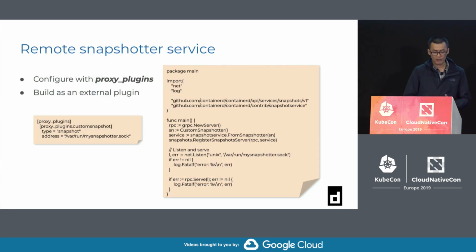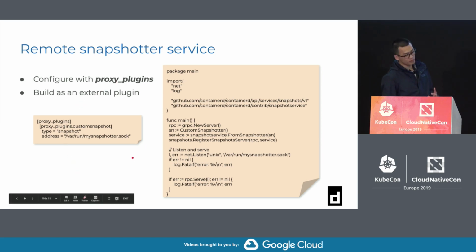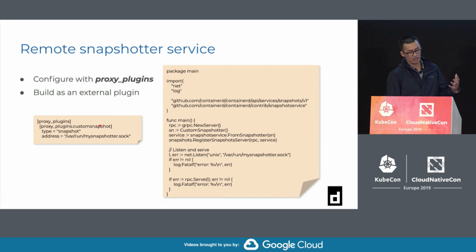So let's check out the example here. If I have a customer snapshot external plugin here, the first step we need to do is the setting to tell Kubernetes what your customer external plugin is and how to connect to it. So you can see here, the customer snapshot is the ID of your external plugin, and the type is snapshot.